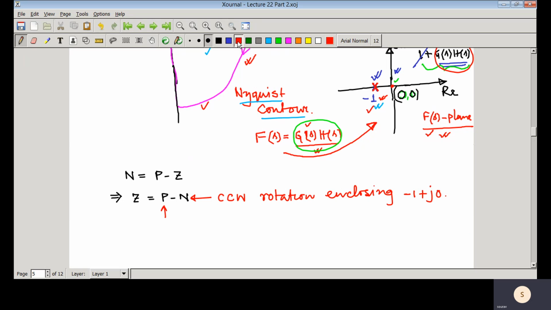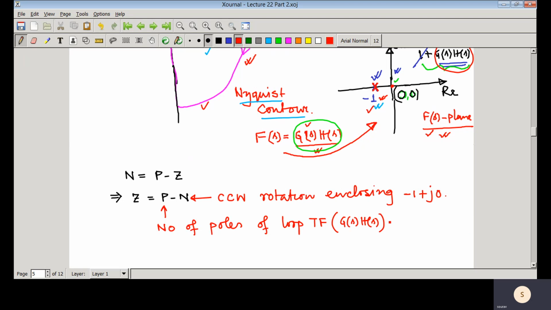So then what is P? P is actually the number of poles of the loop transfer function, that is, G(s)H(s).